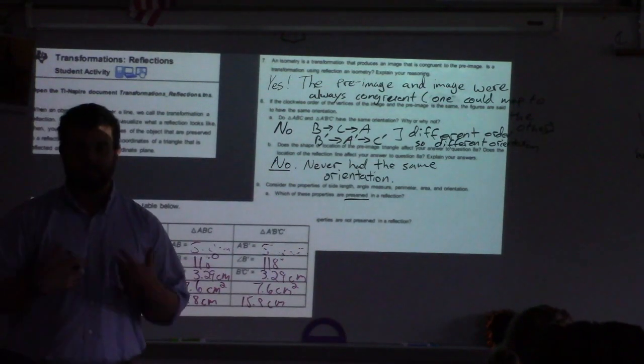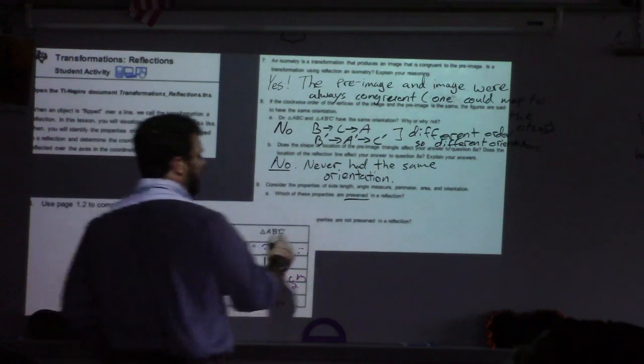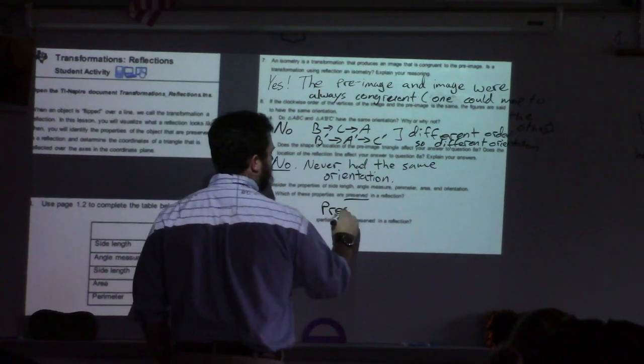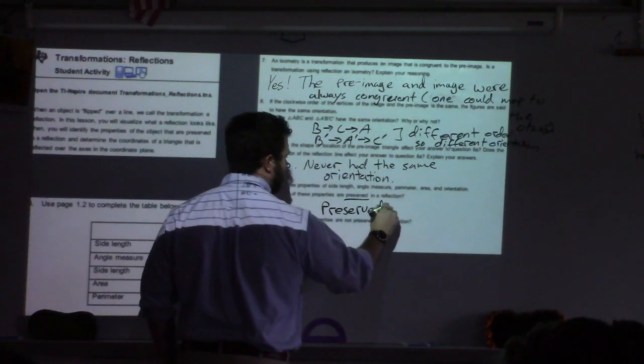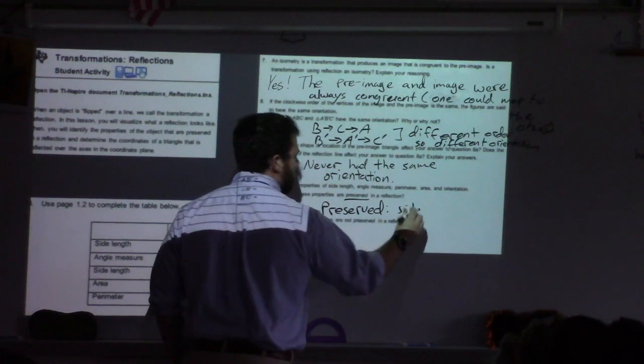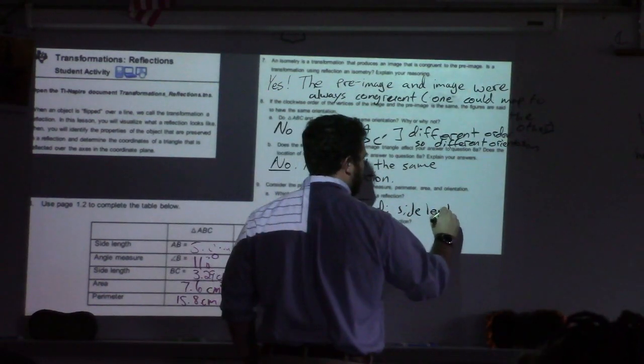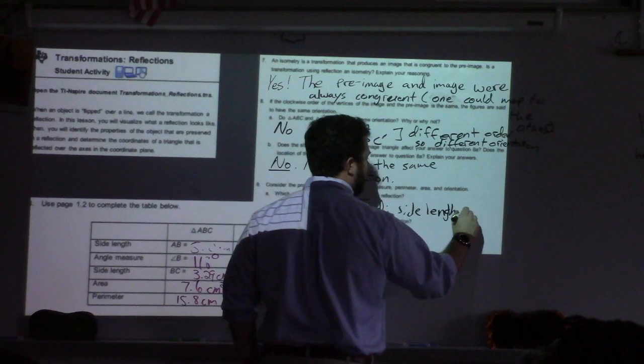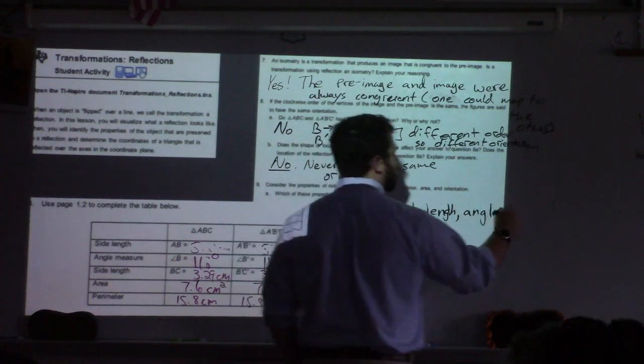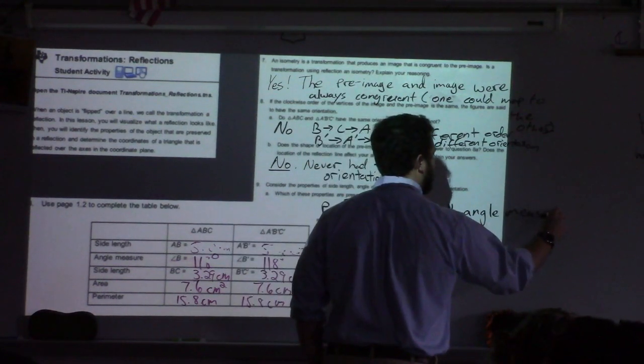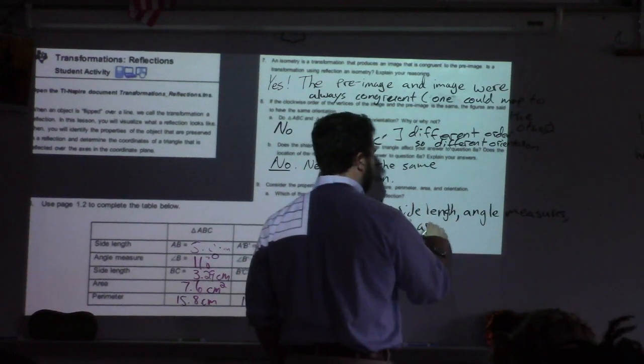They were kept the same, they stayed the same. Were the side lengths preserved? Yes. The side lengths, the angle measures, the perimeter, and the area.